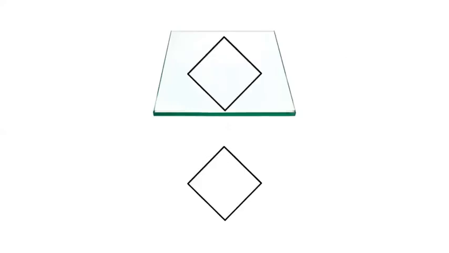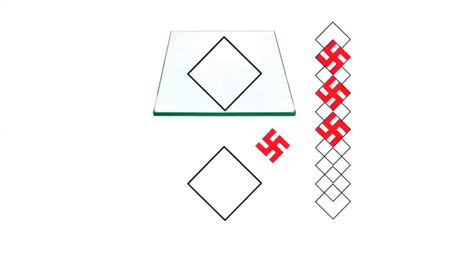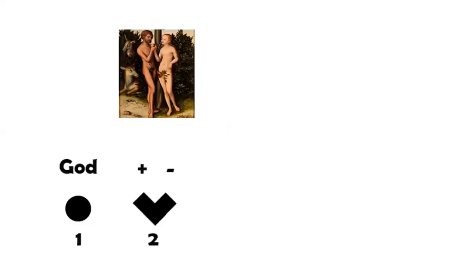Number 4, the square. So 1 is God, the one. 2, God creates positive and negative, organic man and organic woman.